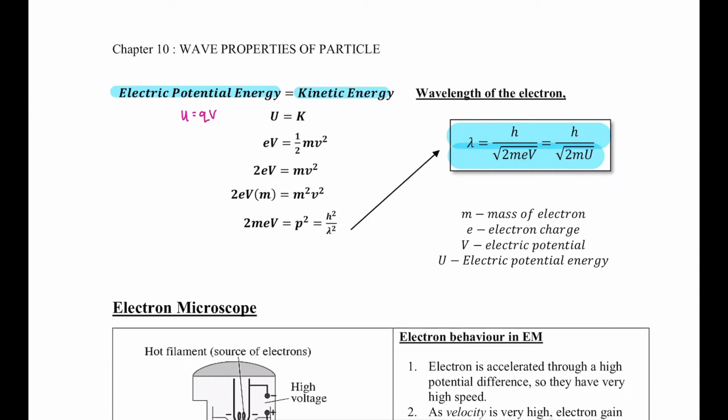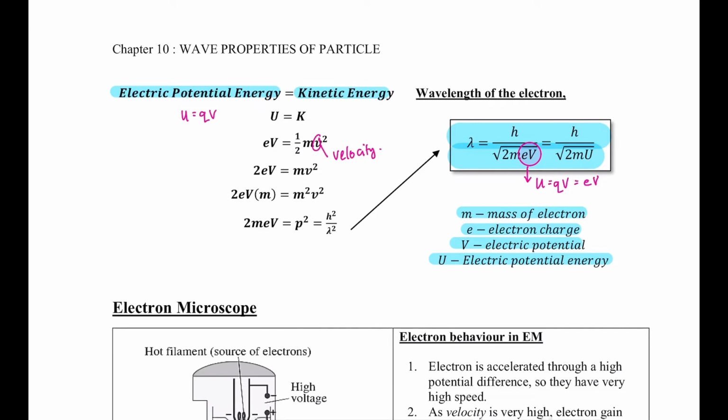Kenapa? Sebab dekat sini this part here adalah U equal to QV. Okay, so basically V besar yang beza V kecil ni adalah velocity. So V besar ni adalah electric potential. Okay, capital V is electric potential. So m is the mass of electron, e is electron charge, so U is electric potential energy. So this equation is specific untuk electron.